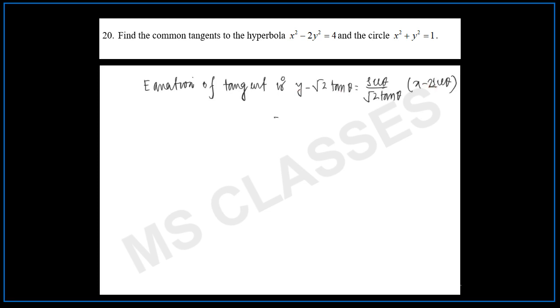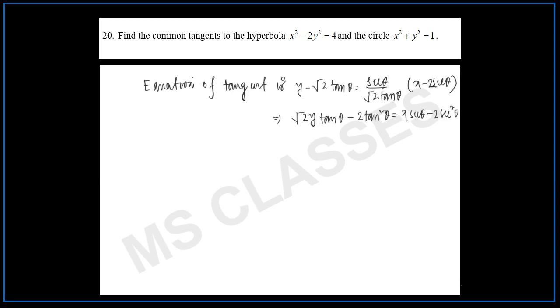On simplification we get root 2 y tan theta minus 2 tan square theta equal to x sec theta minus 2 sec square theta.